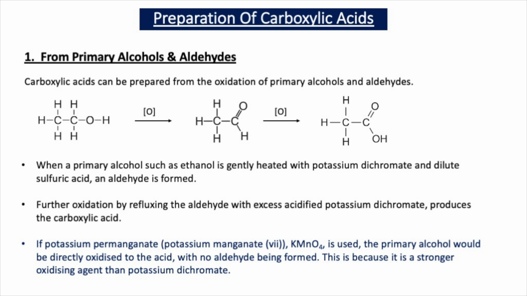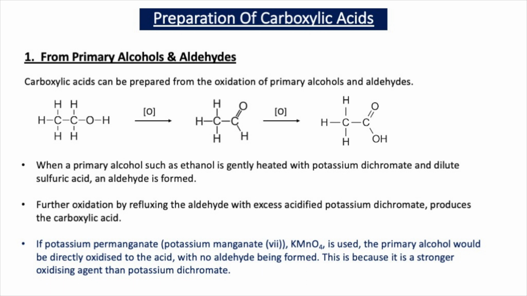Now in the next section of this video, we're going to look at the different ways we can prepare carboxylic acids. Now our first method is from primary alcohols or aldehydes. If we oxidize a primary alcohol partially, we get an aldehyde. And if we oxidize it fully, we get a carboxylic acid.